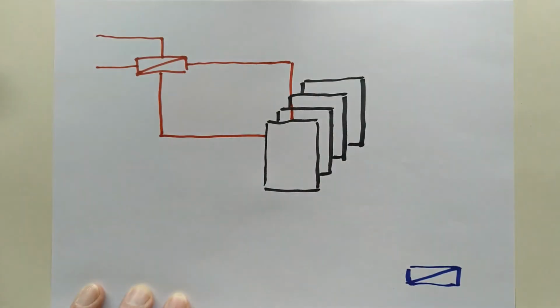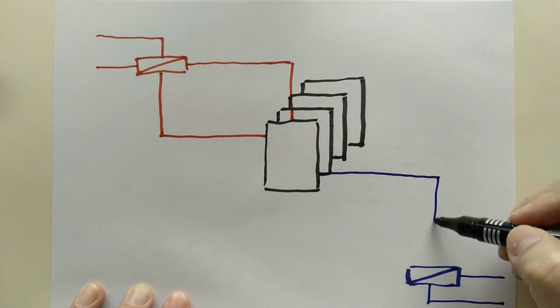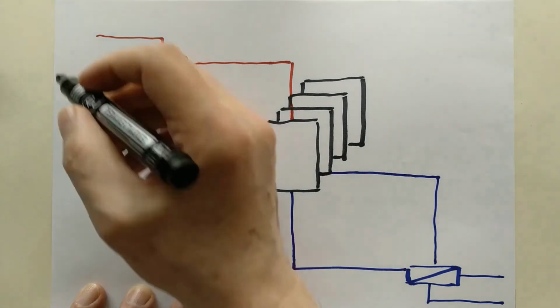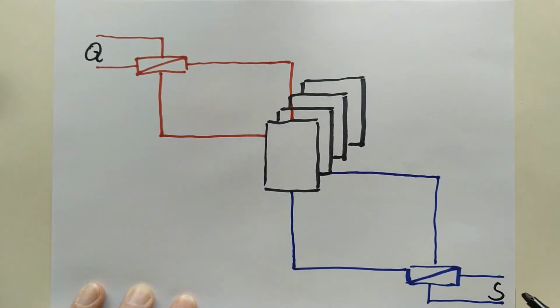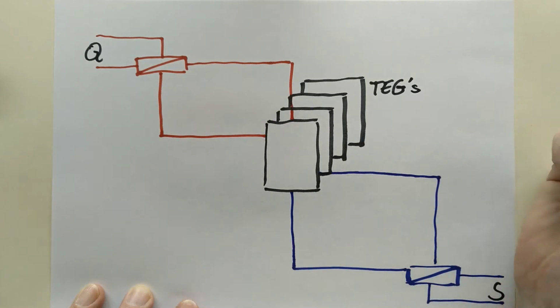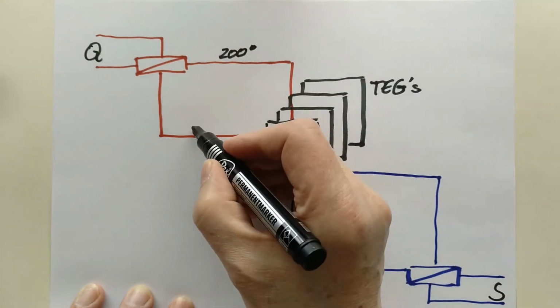From the source side in this example, we feed in energy with a temperature of 200 degrees Celsius using the medium hot water or thermal oil, and a temperature of 180 degrees Celsius back. On the sink side, the temperatures are 15 degrees Celsius for the feed and 35 degrees Celsius for the return.